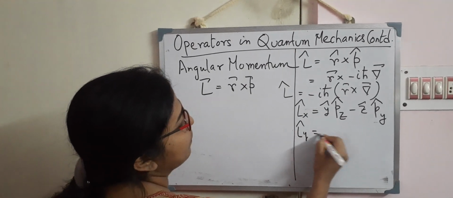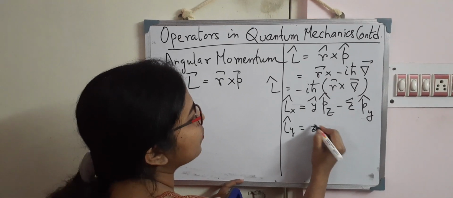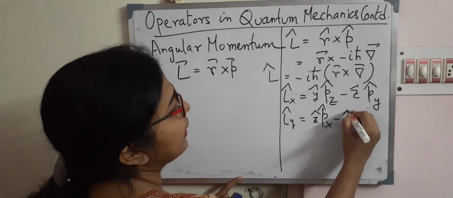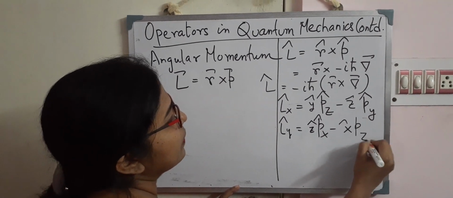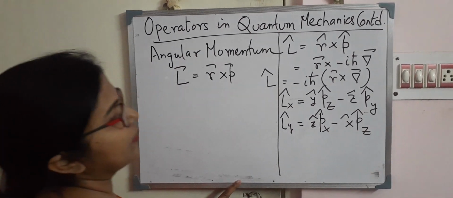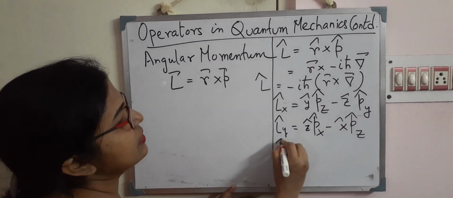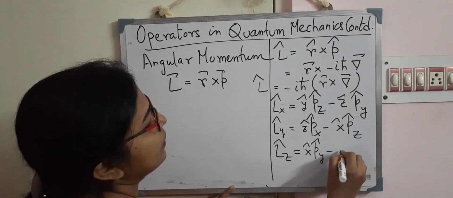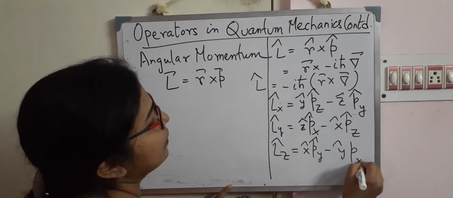Next, Ly cap: we start with z, so z cap px cap, and again interchanging, minus x cap pz cap. And next is the z component: x cap py cap minus y cap px cap.